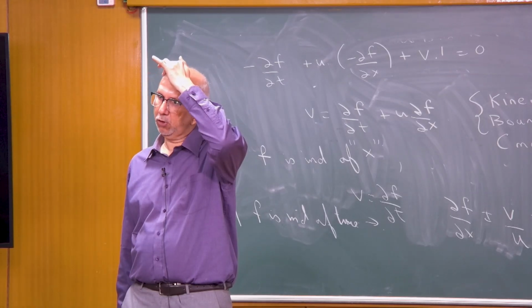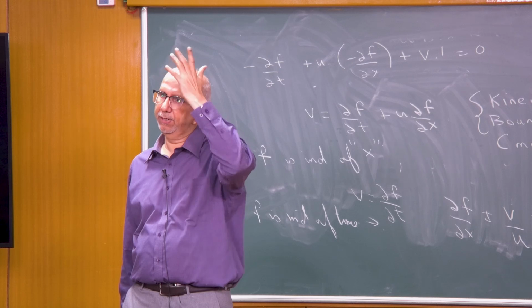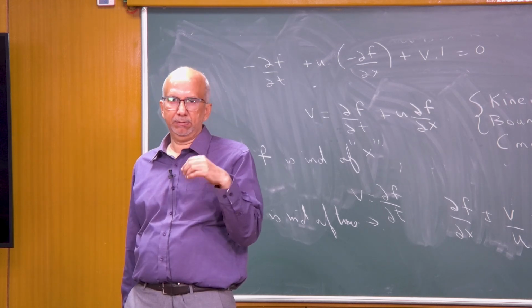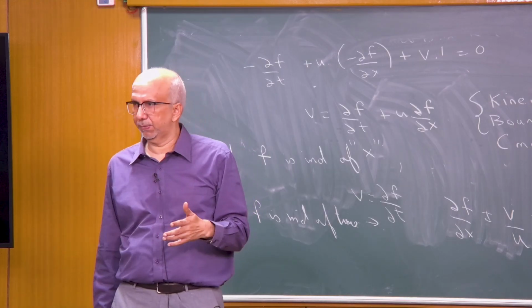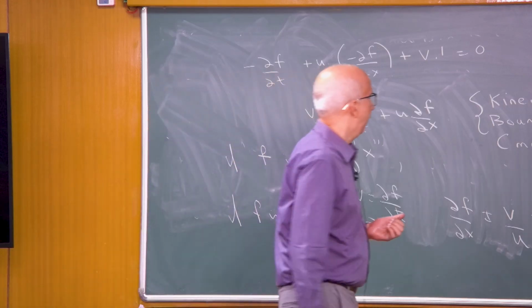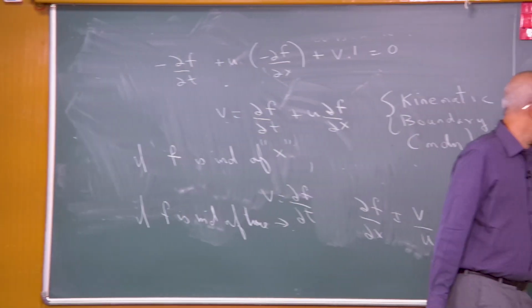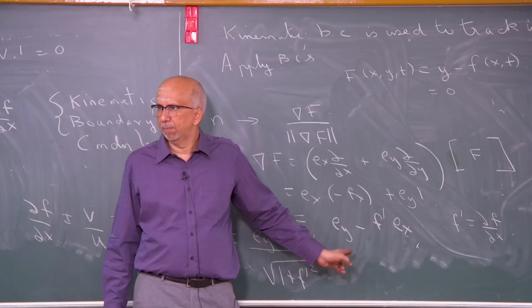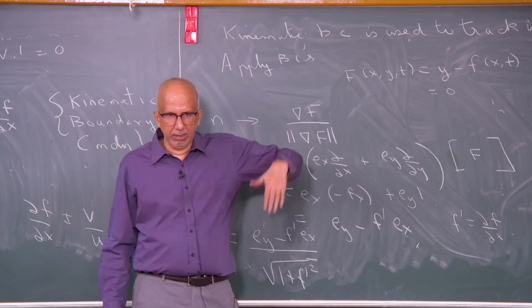So, all I have done is, the grad F concept and this implicit representation helps me find the normal direction to a surface. How do you find the tangential direction? The tangent has to be perpendicular to the normal, and then you have the tangent.